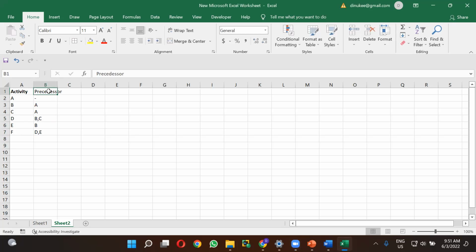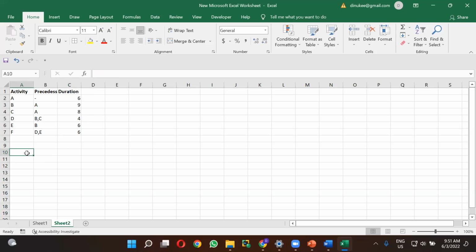These are the procedures. So write down this. And durations: 6, 9, 8, 4, 6, 6.